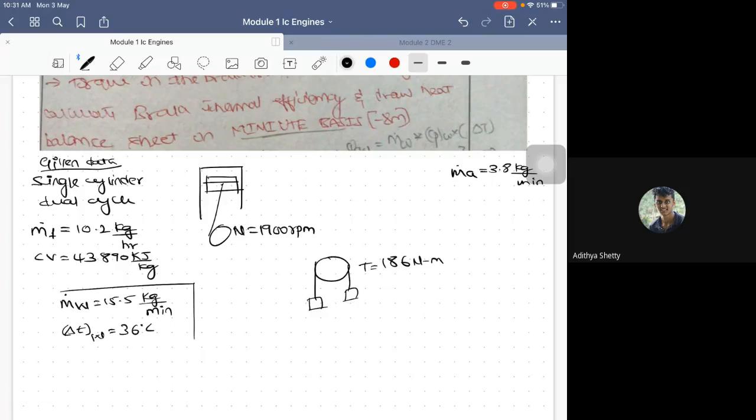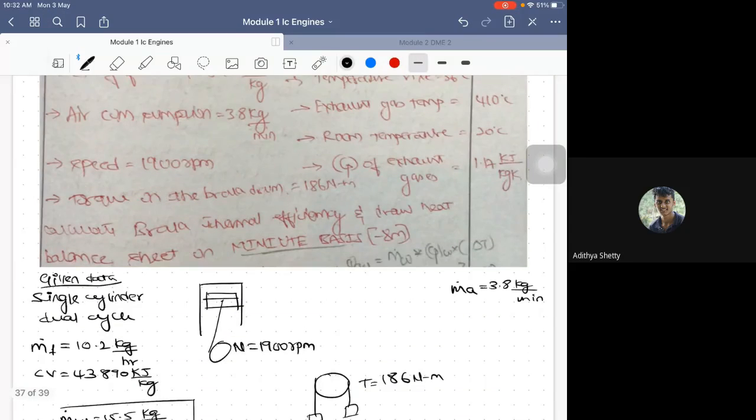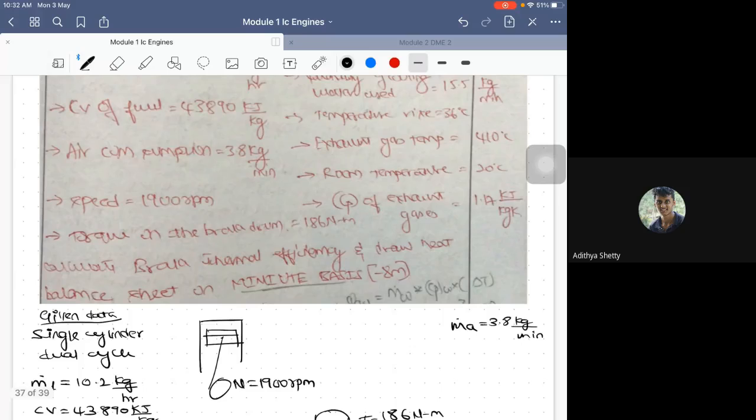Okay. Next, exhaust gas temperature. So exhaust gas temperature, I would take it as T2. That he has given as 410 degrees Celsius. Now this is exhaust gas temperature. That means the temperature of the gases which are coming from the silencer.